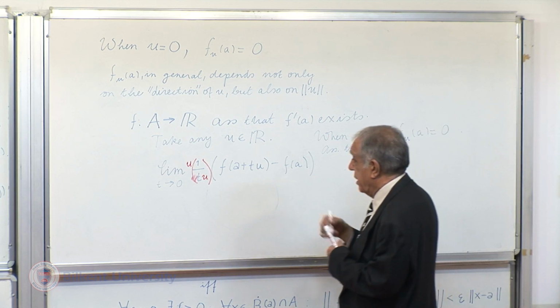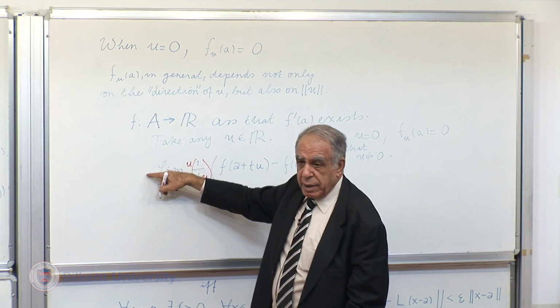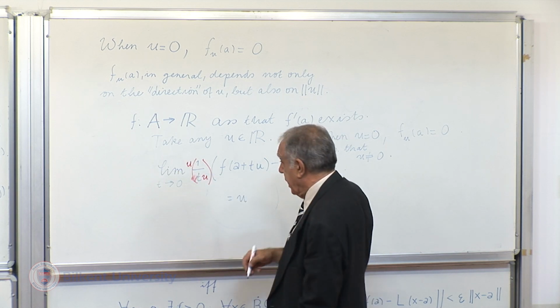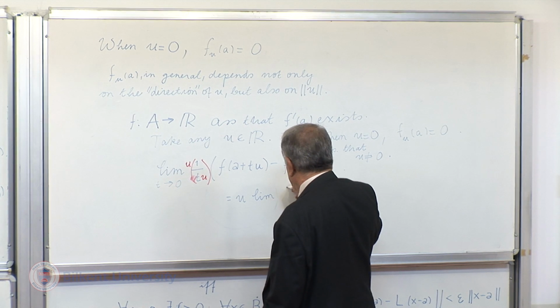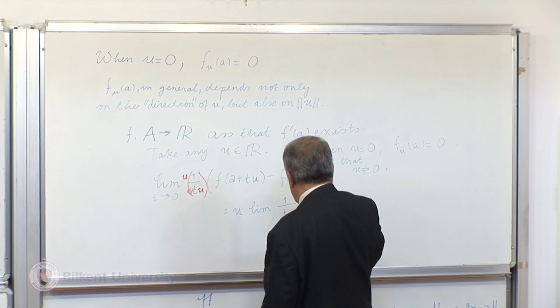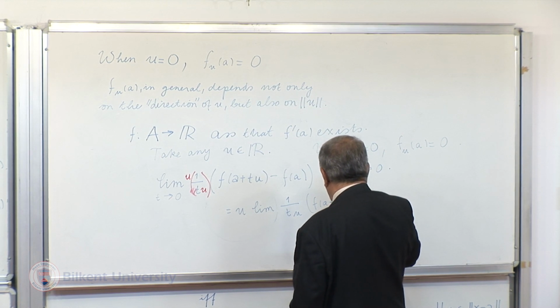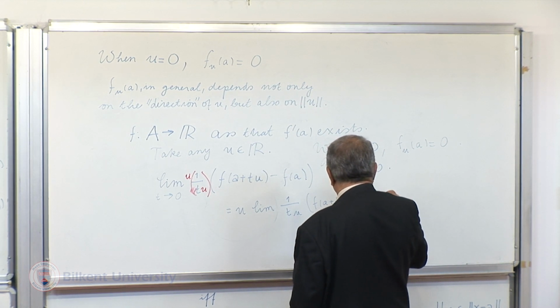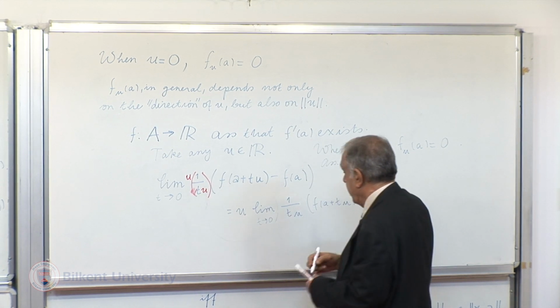If this limit exists, then I can take u outside. It does not depend upon t. This will be u times the limit of 1 over tu, f of a plus tu minus f of a, as t tends to 0.